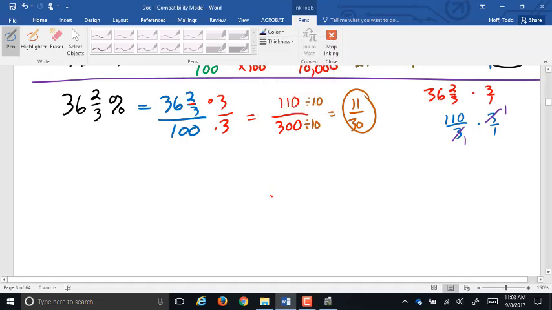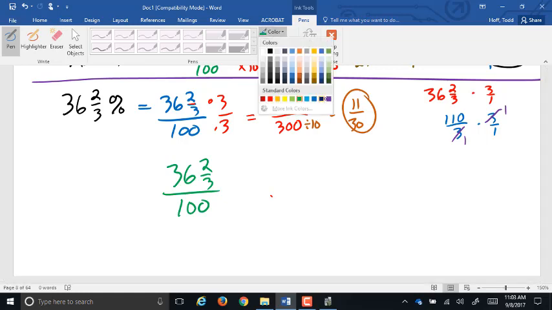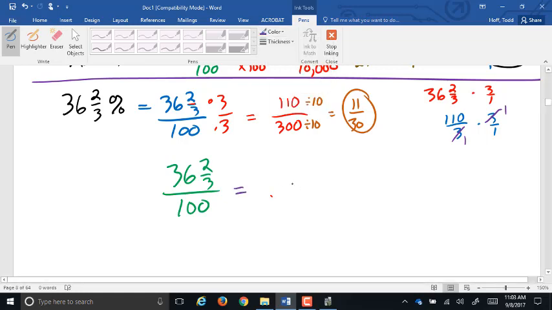Now I said there were 2 possibilities here. The second possibility, when you look at that 36 and 2/3 over 100, is to just divide it. But you can't divide it by decimal or anything like that. You have to divide it as a fraction.